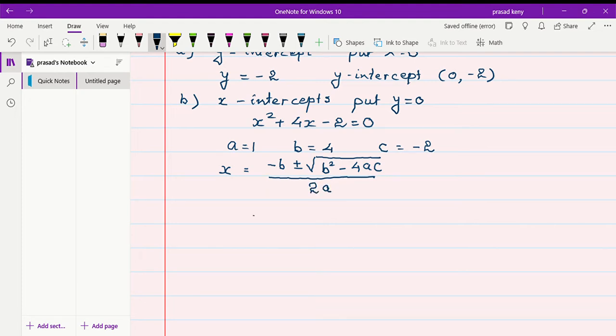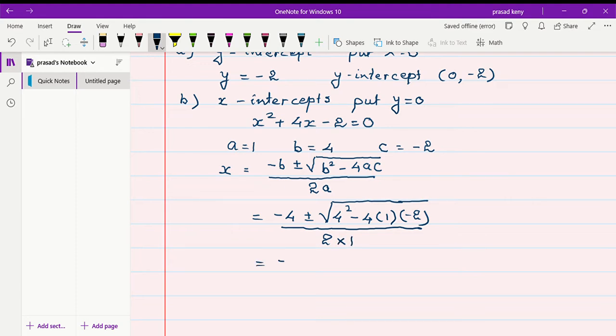So that is negative 4 plus or minus root of b square, that is 4 square, minus 4, a is 1, c is negative 2, divided by 2a, that is 2 into 1, which is minus 4 plus or minus root of 4 square is 16 plus 8, upon 2.